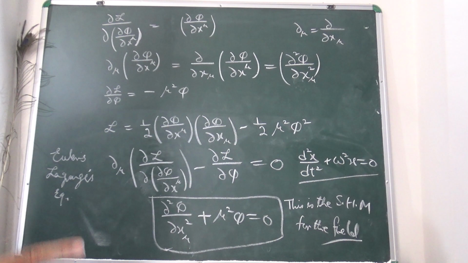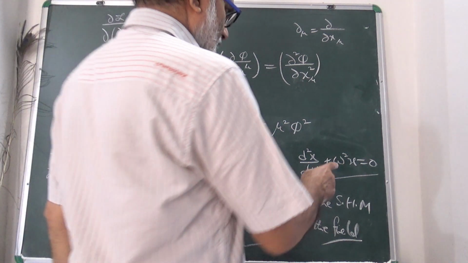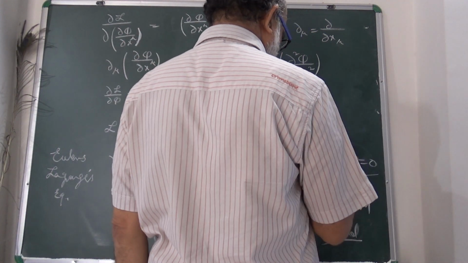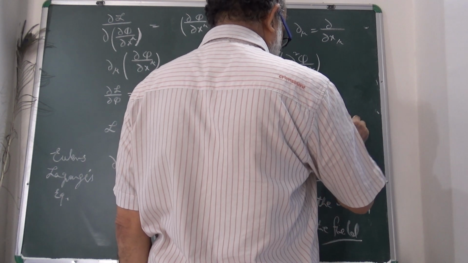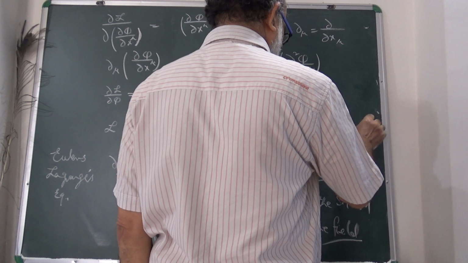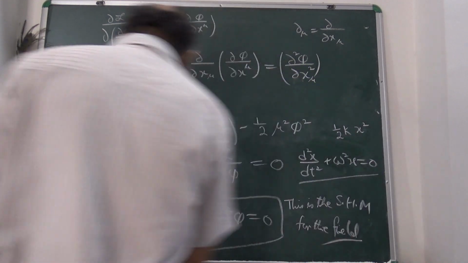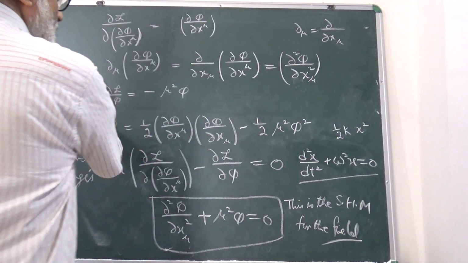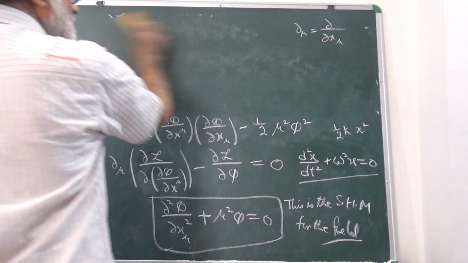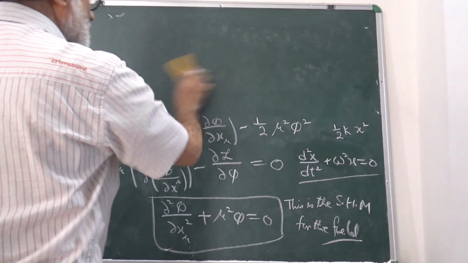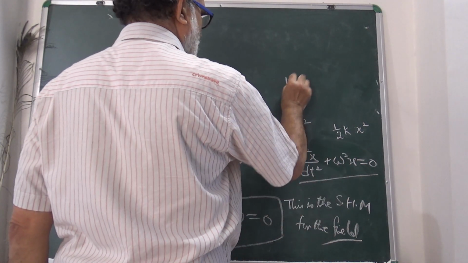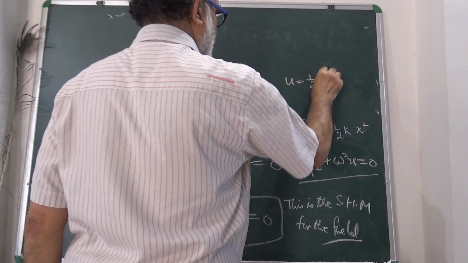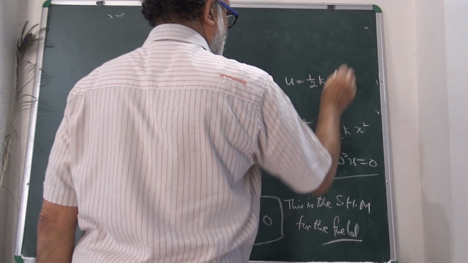Now the potential energy in the particle case is half k x square.